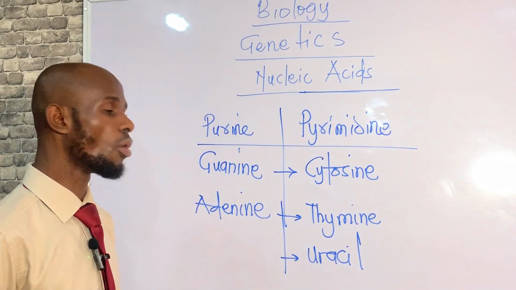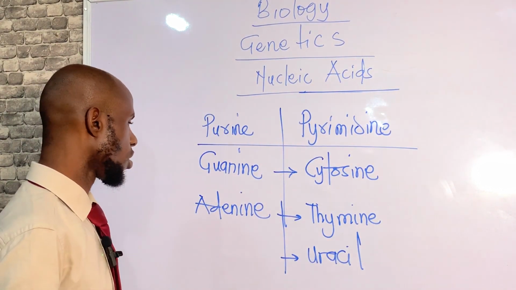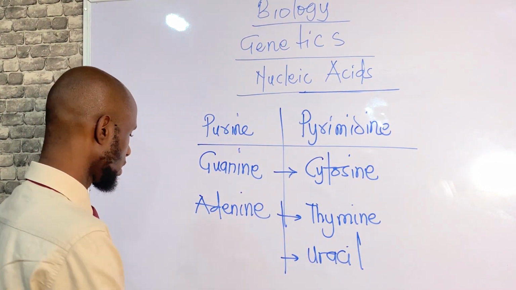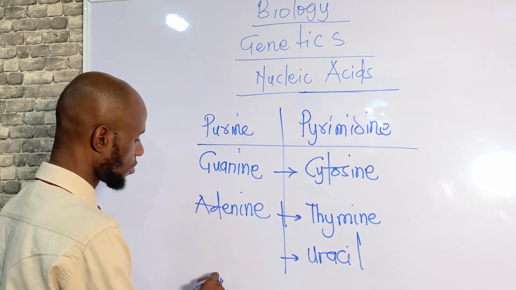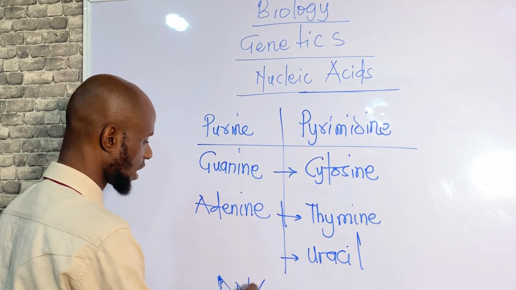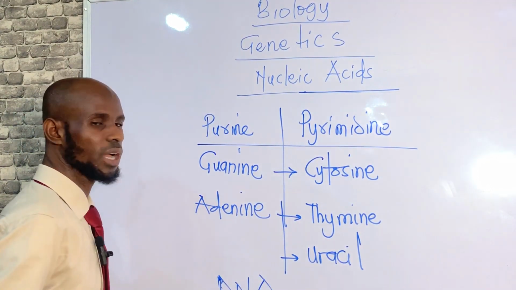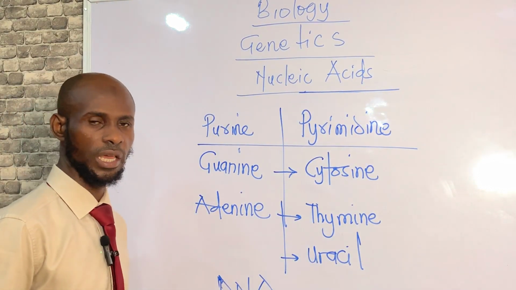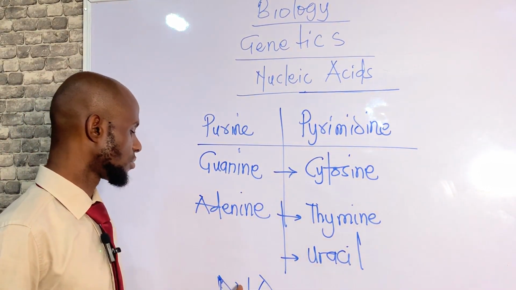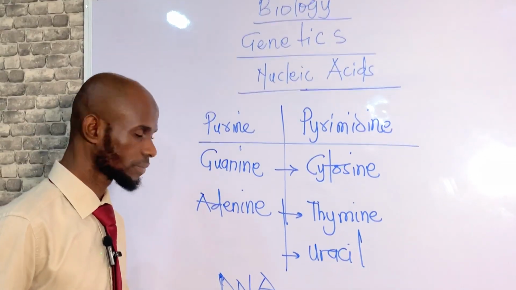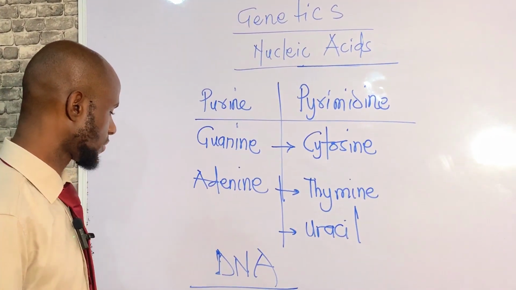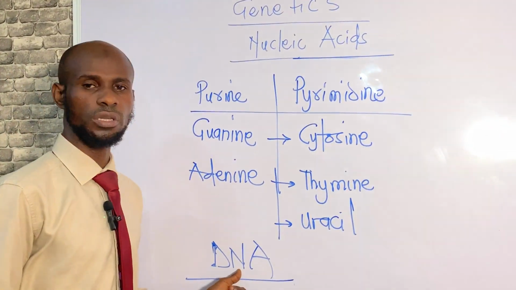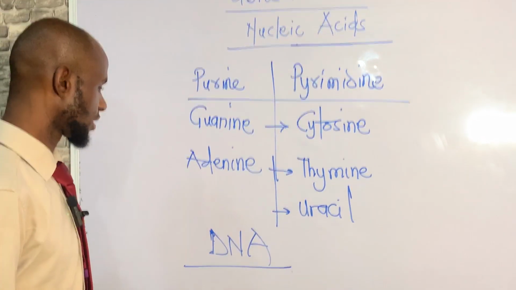Okay. Now let's go to the structure of, or repeated structures of, the nucleotide. So, okay, let's start with the DNA now. The DNA. And don't forget that the full meaning of DNA is deoxyribonucleic acid. For the last time, deoxyribonucleic acid.